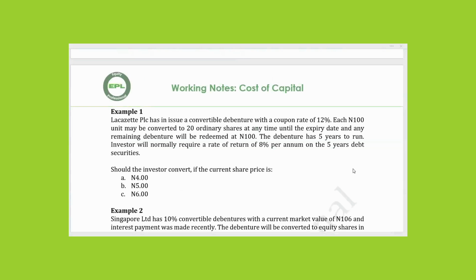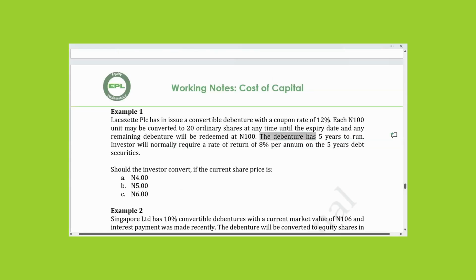Lacazette PLC has in issue a convertible debenture with a coupon rate of 12%. Each 100 naira unit may be converted to 20 ordinary shares at any time until the expiry date, and any remaining debenture will be redeemed at 100 naira. The debenture has 5 years to run.